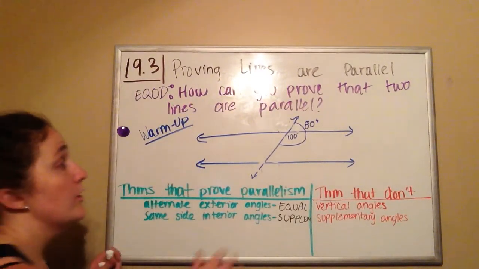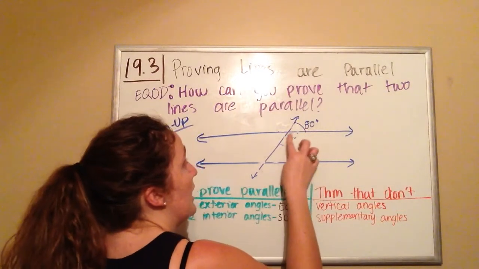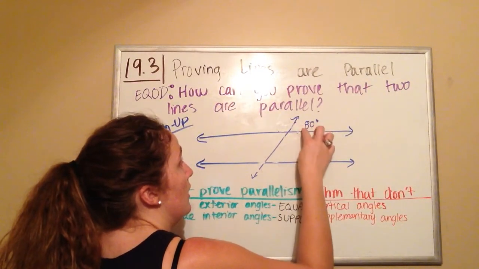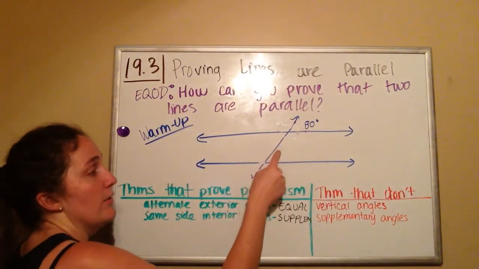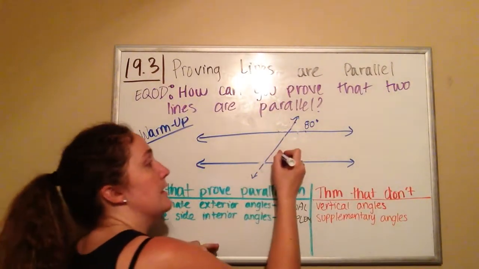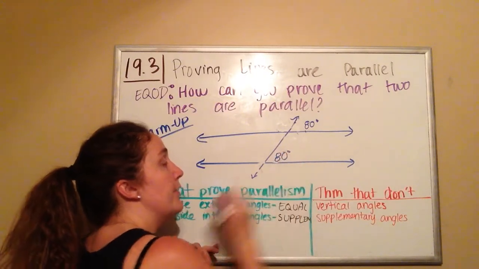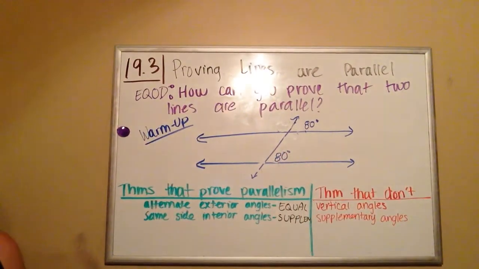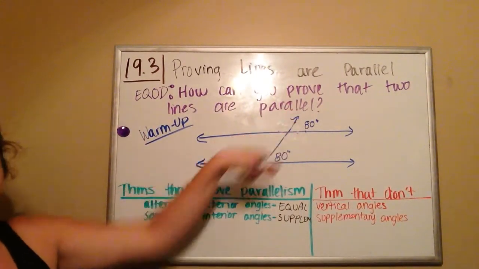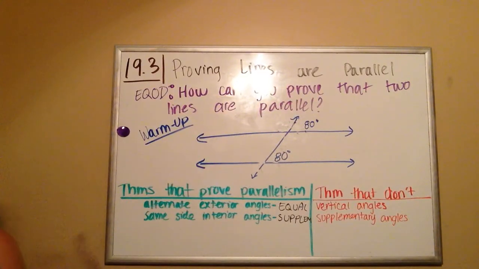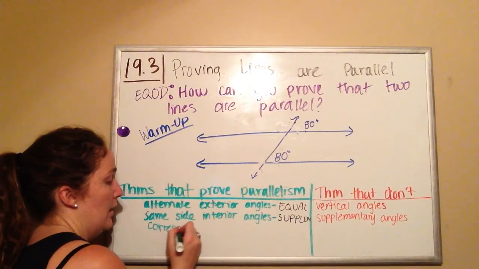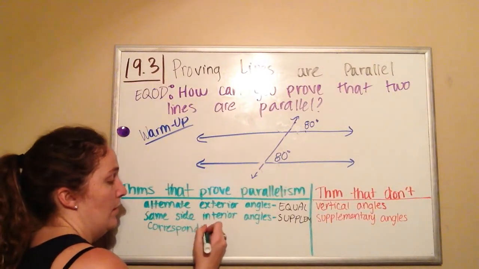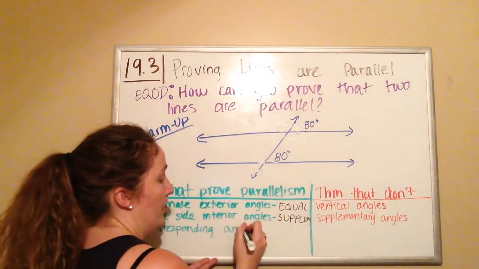Alright, let's use that 80 degrees right there. This angle, I know that this also should be 80 degrees if and only if these lines are parallel. And the reason that I know those are congruent or equal is because those are corresponding angles, which also would be a theorem that proves parallelism.